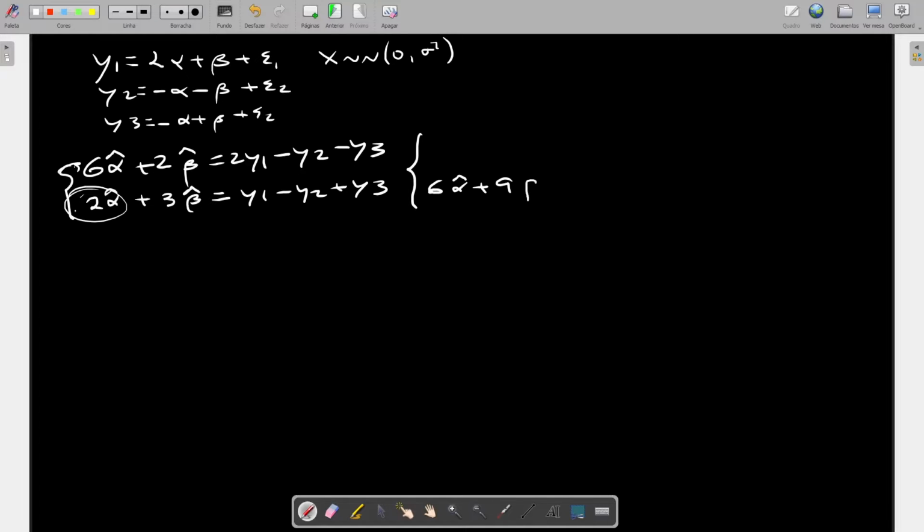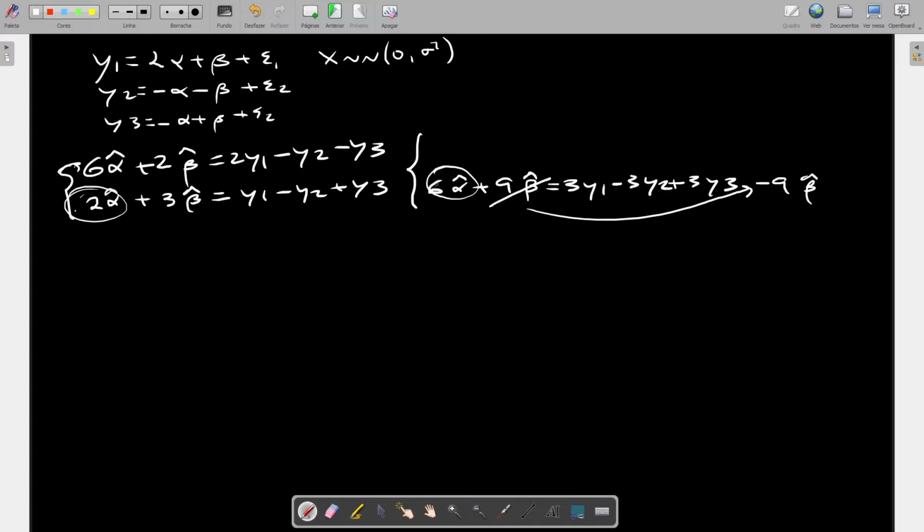So let's do that. So multiplying all these terms by 3, we have 6 alpha plus 9 beta is equal to 3y1 minus 3y2 plus 3y3. So essentially what we are doing here is, since we have this term, we move that one to this side, get minus 9 beta.